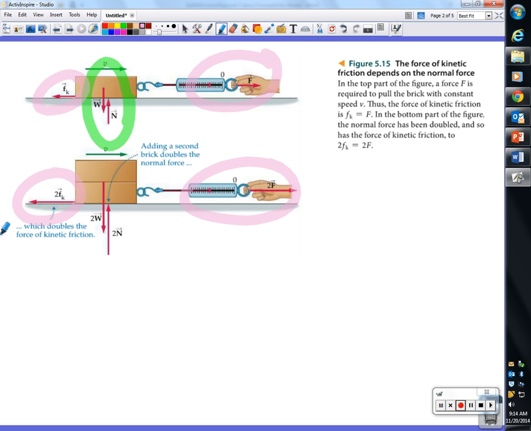But working backwards, we realize twice as many bricks is twice as much gravity, so 2W, but that also means that the normal force is increased, because those two have to balance, right? Doubling the mass doubles all of those forces. Does that make sense? Okay?